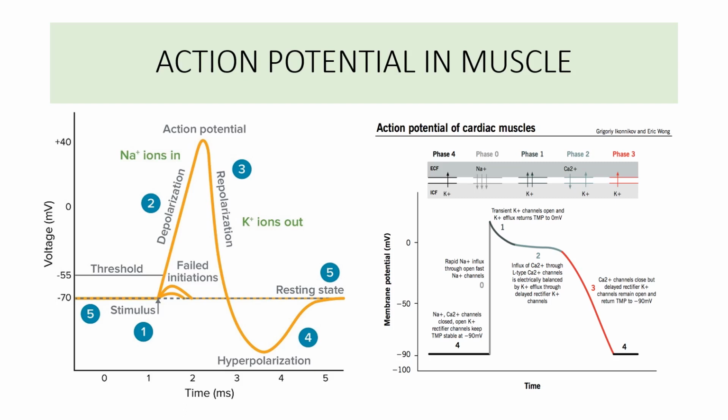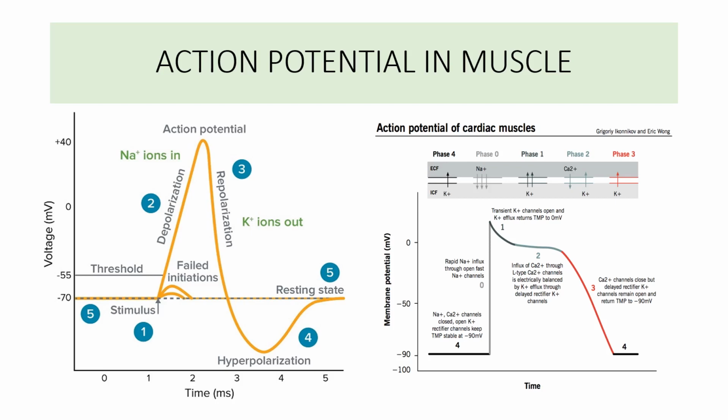So in the case of skeletal muscle, the action potential includes the movement of sodium and potassium ions. During the depolarization, sodium ions move in, and during the repolarization, potassium ions move out.